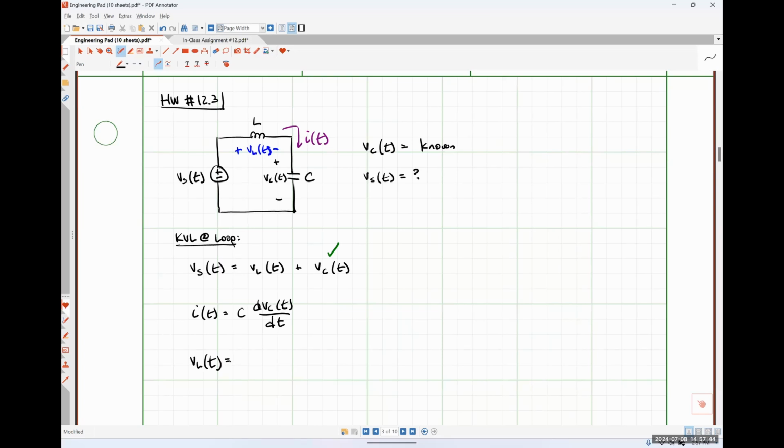VL equals L times the derivative of the current. Exactly right.